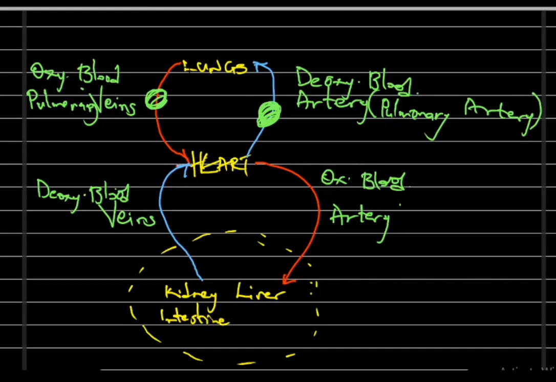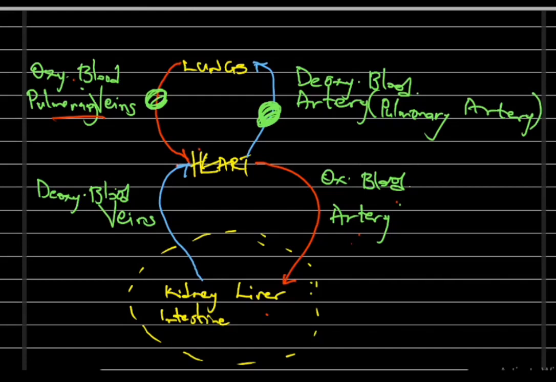It removes the carbon dioxide in the blood and it replaces it with oxygen, and then the lung sends that oxygenated blood through the pulmonary veins to the heart. When the heart gets the blood, the heart now pumps that oxygenated blood to organs of the body through other arteries, and so that is why other arteries are carrying oxygenated blood.